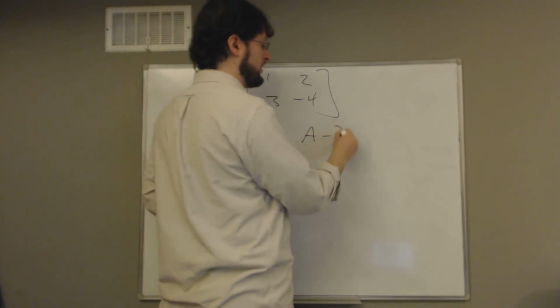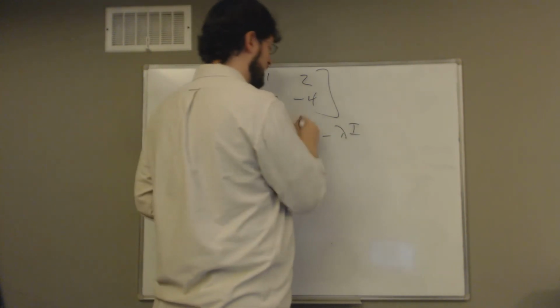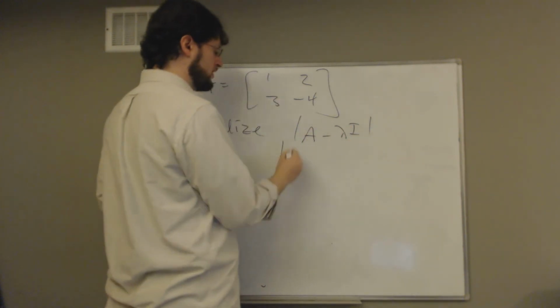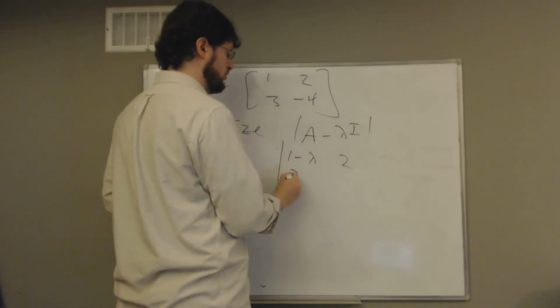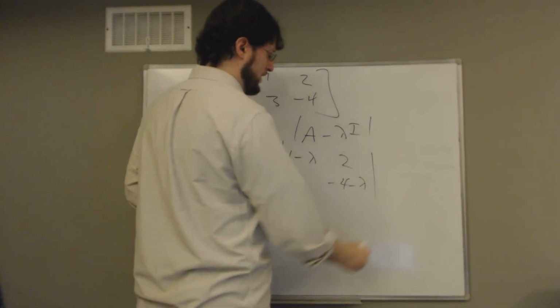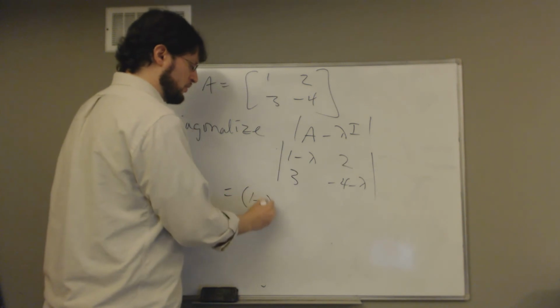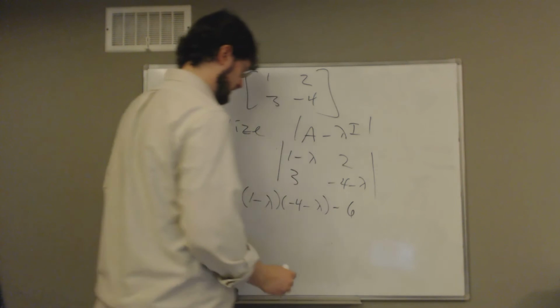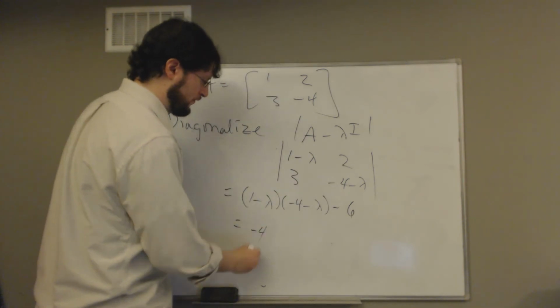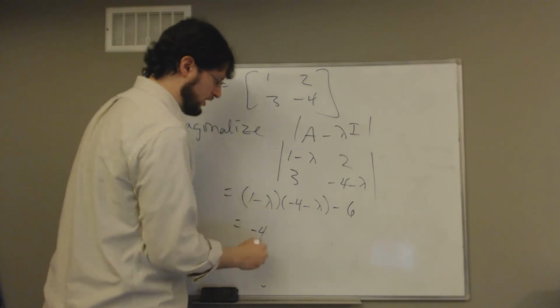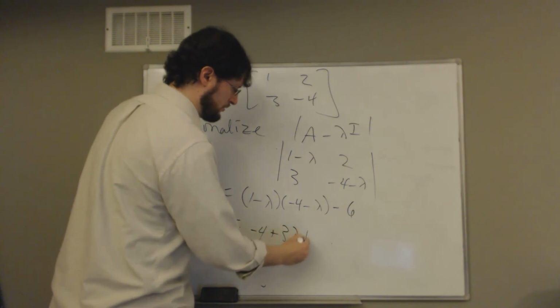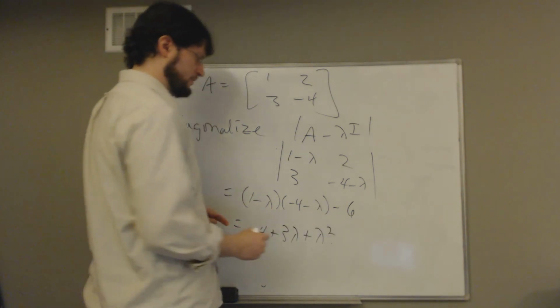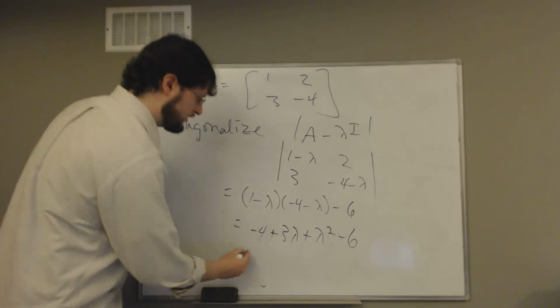We look at A minus lambda I and take its determinant. So that's the determinant of [1 - lambda, 2; 3, -4 - lambda], which is (1 - lambda)(-4 - lambda) minus 6. That's -4 - lambda + 4 lambda, which is plus 3 lambda, plus lambda squared, minus 6.